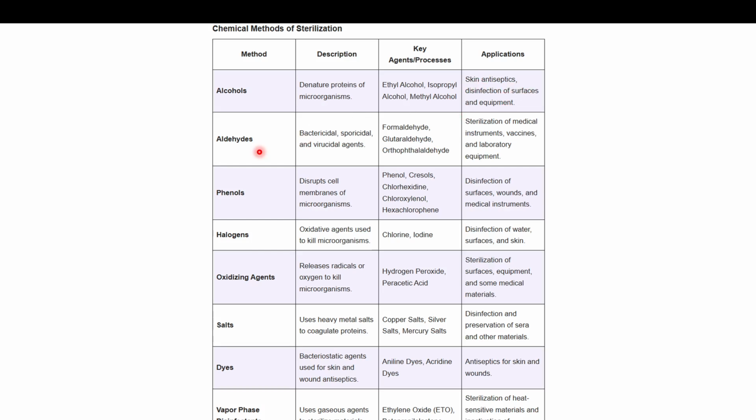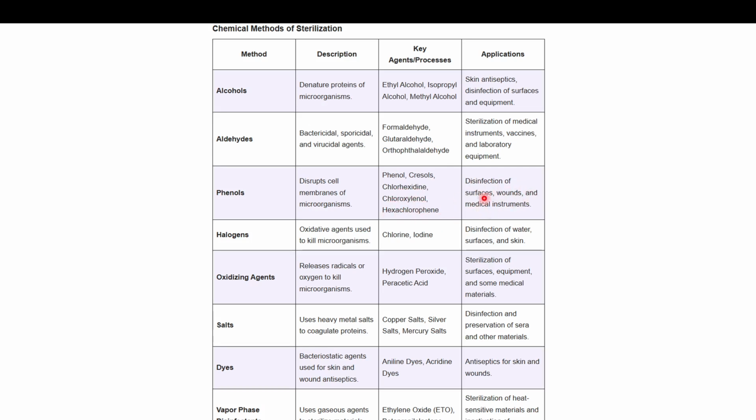You can use aldehydes, which can be bactericidal, sporicidal, and virucidal agents: formaldehyde, glutaraldehyde, orthophthaldehyde, for sterilization of medical instruments, vaccines, and laboratory equipment. Phenols disrupt cell membranes of microbes: phenols, chrysols, chlorhexidine, chloroxylenol, hexachlorophene.